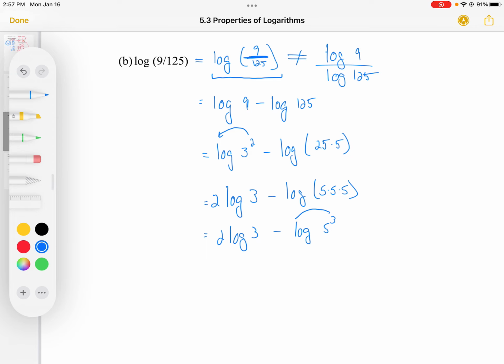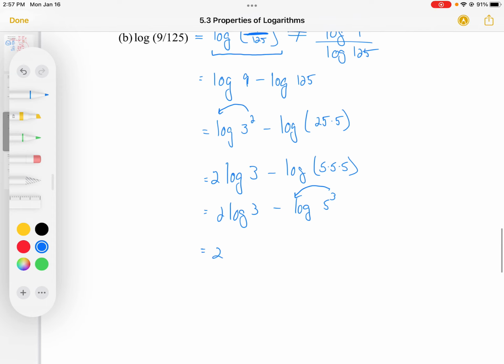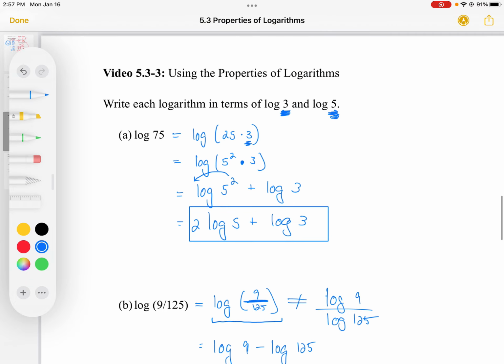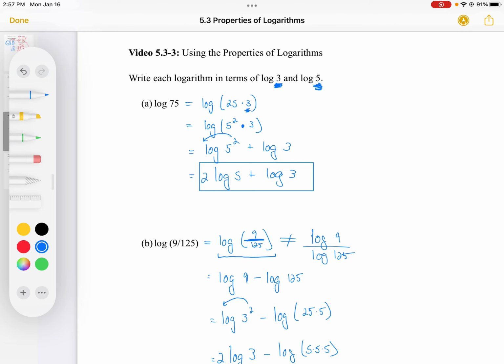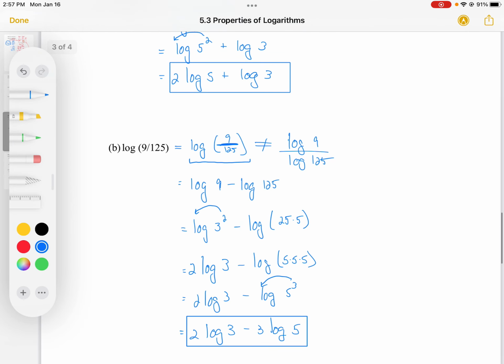And then I can use the power property and rewrite this as 2 log of 3 minus 3 log of 5. So I've rewritten this expression all in terms of logs of 3 and logs of 5. So that is my answer. And that is how you can use the properties of logarithms to really play with some of these expressions and, as I like to say, have a good time.